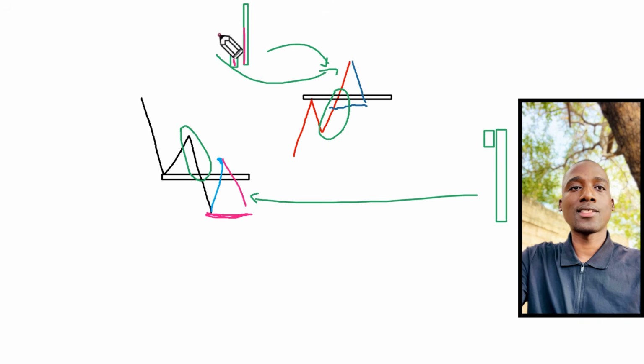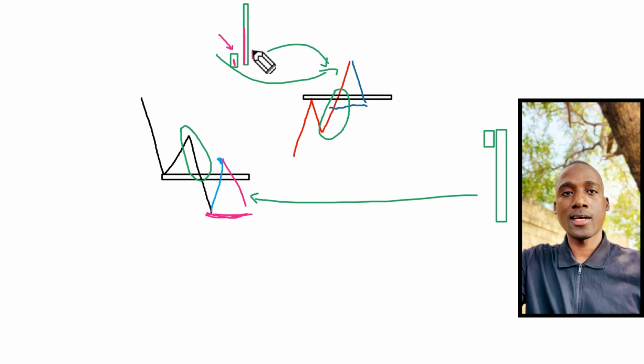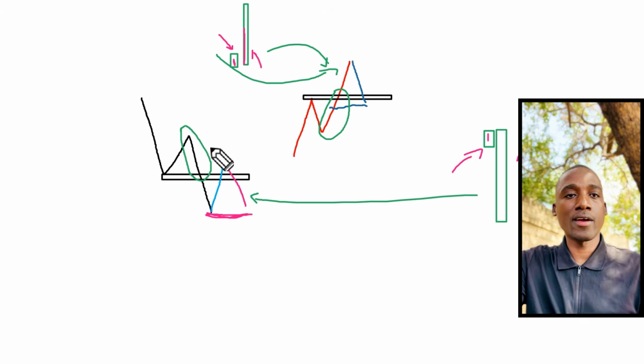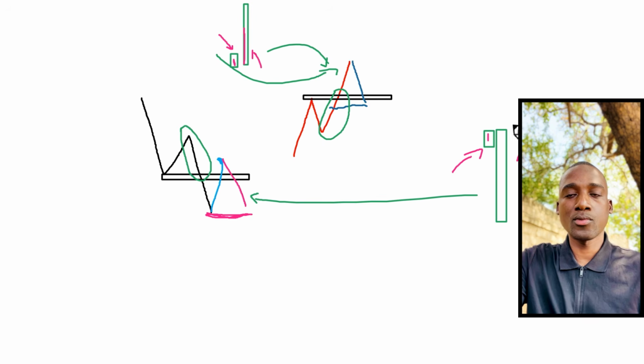The red one shows that we have a small supply. The green one shows that we have more demand. This one will be green, which means it will have less demand and more supply. That's how we know that we have to take a sell. And where we set a stop loss, we set a stop loss above the candlestick, and we set a stop loss here below the candlestick here.